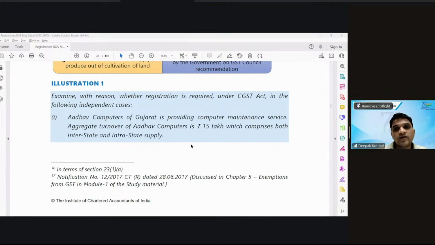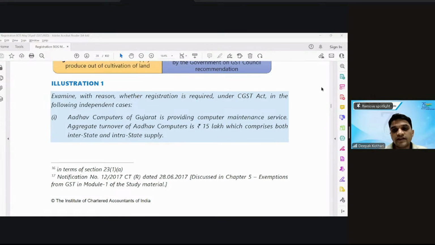Is he supplying goods or supplying services? Services, right? Just because we saw the computer word, we should not be carried away that it is goods. He is providing maintenance of those computers, right? Computer maintenance services. So it's a service.